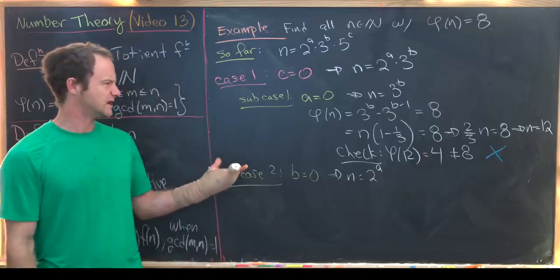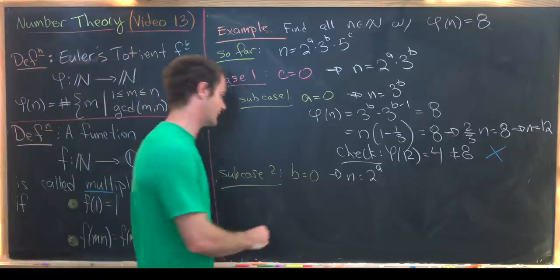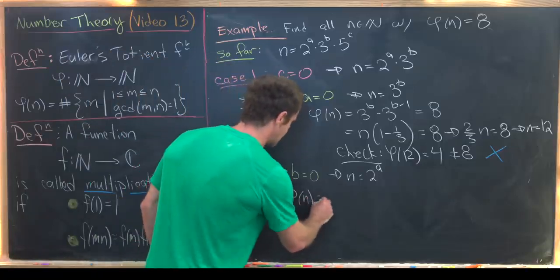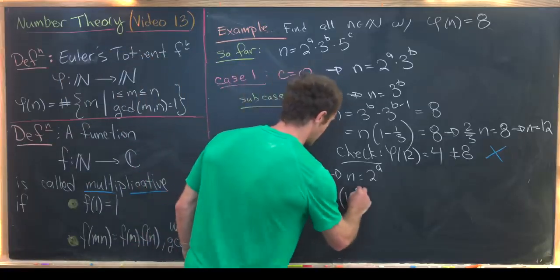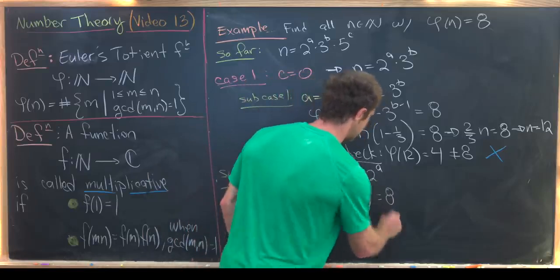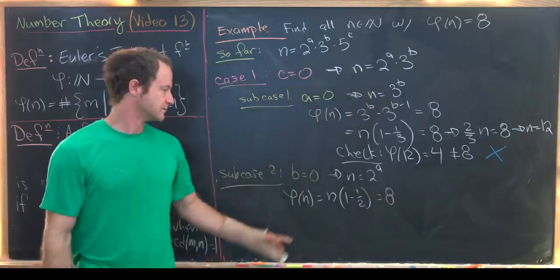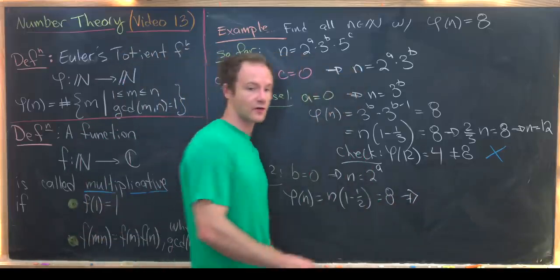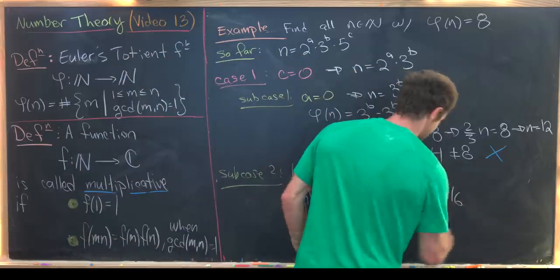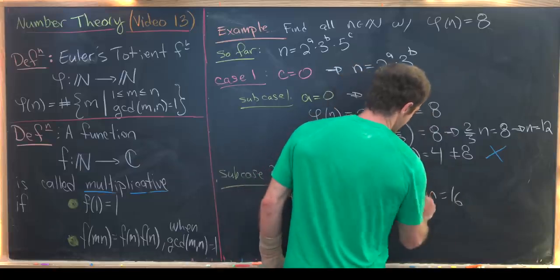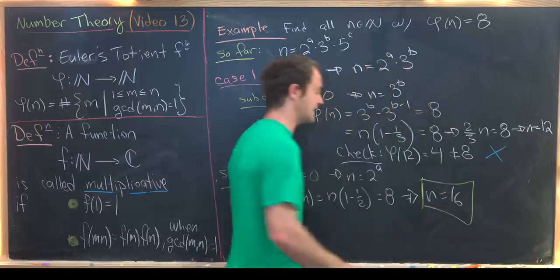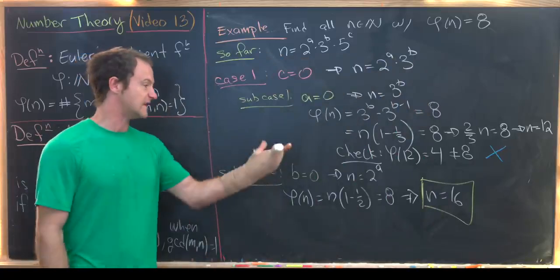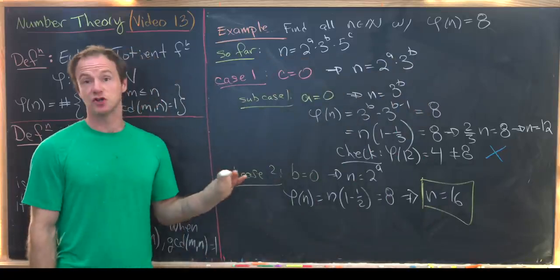Okay, so now we can do essentially the same thing that we did before. We know phi of n is equal to n times 1 minus half, but it's also equal to 8. But notice that tells us that a half n is equal to 8, or in other words, n is equal to 16. But then you can check using our formula for phi of n that phi of 16 is good to go.